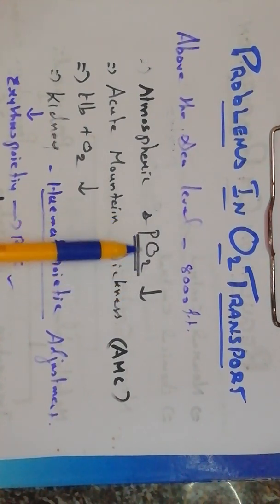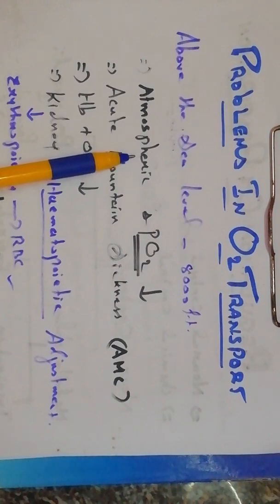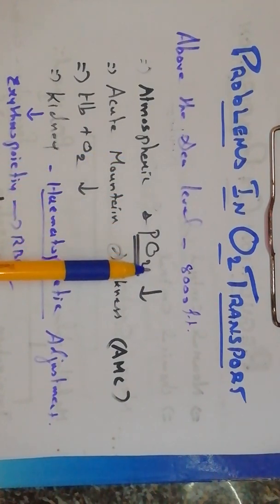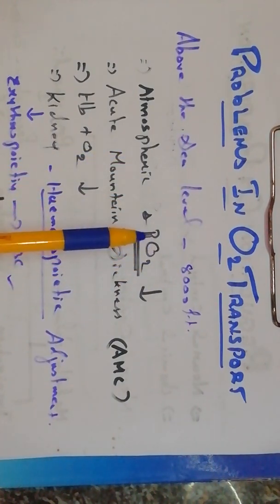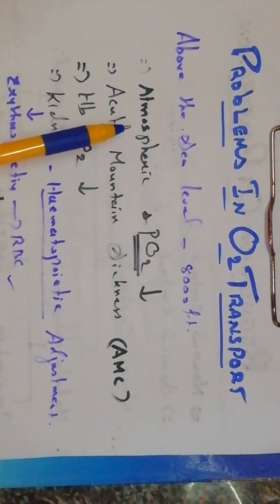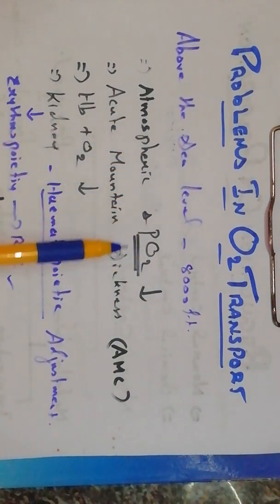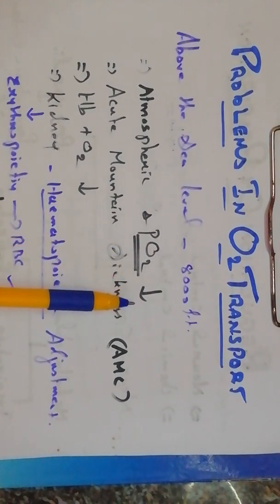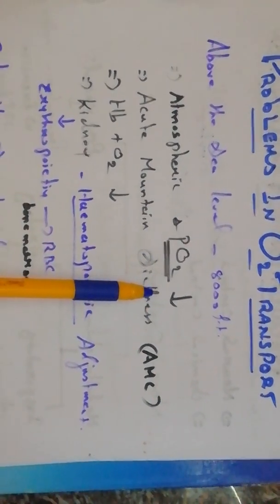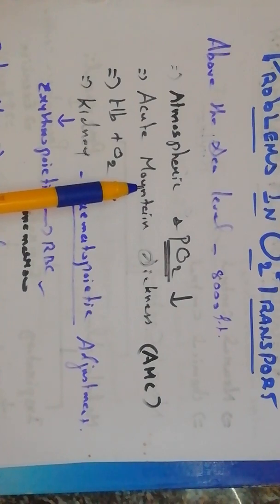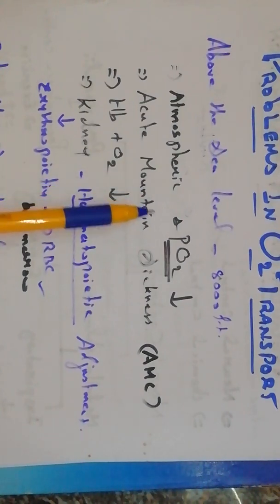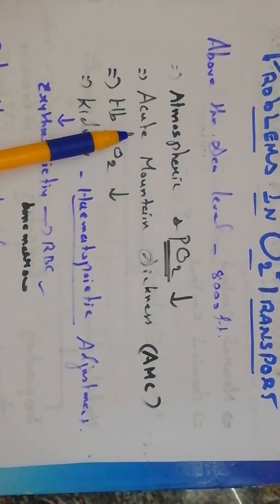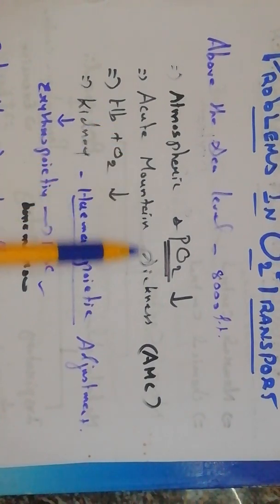The pressure of oxygen is known as partial pressure, right? So when it reduces, the person will get certain symptoms. That sickness or those symptoms are known as acute mountain sickness.